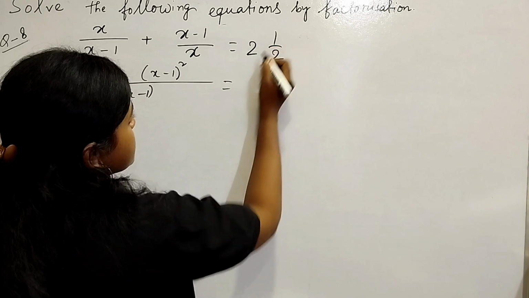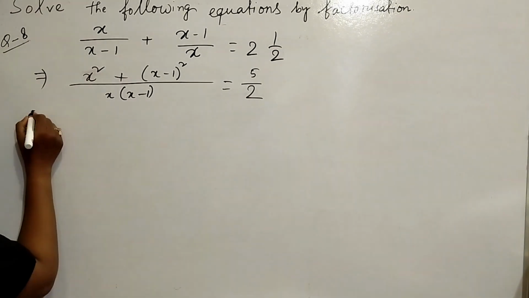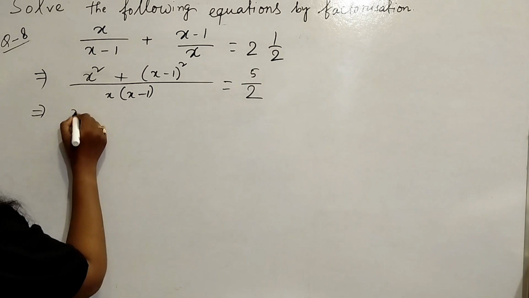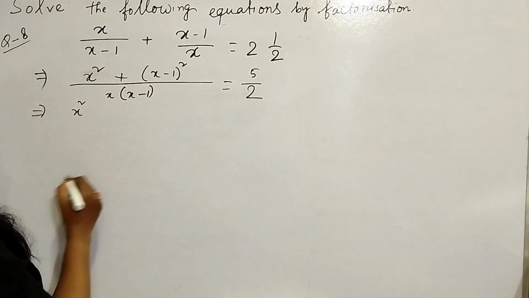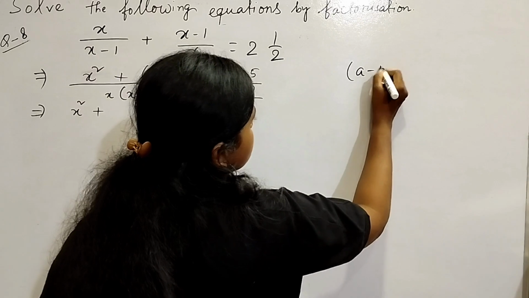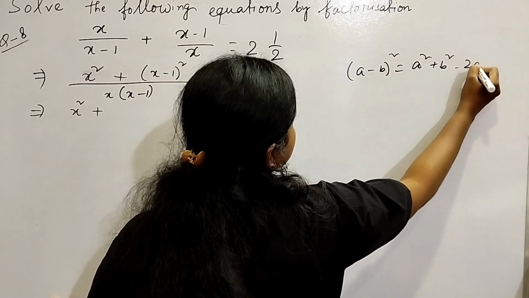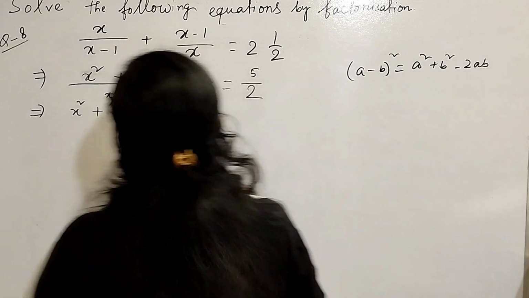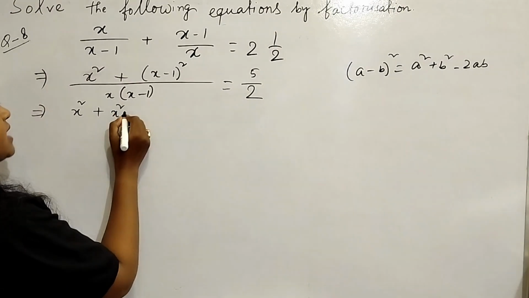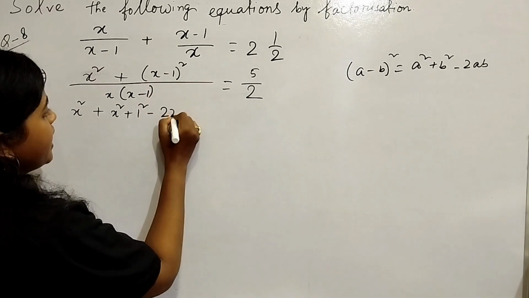2 into 2 is 4, plus 1, 5 by 2. Now we apply the a minus b whole square formula, that is a square plus b square minus 2ab. So a square means x square, b square means 1 square, minus 2ab.